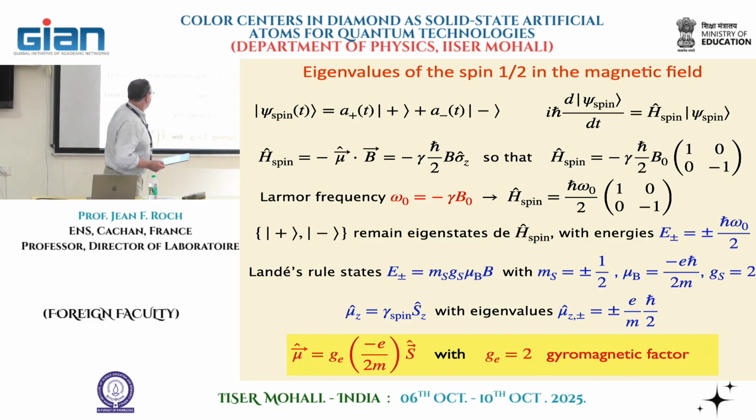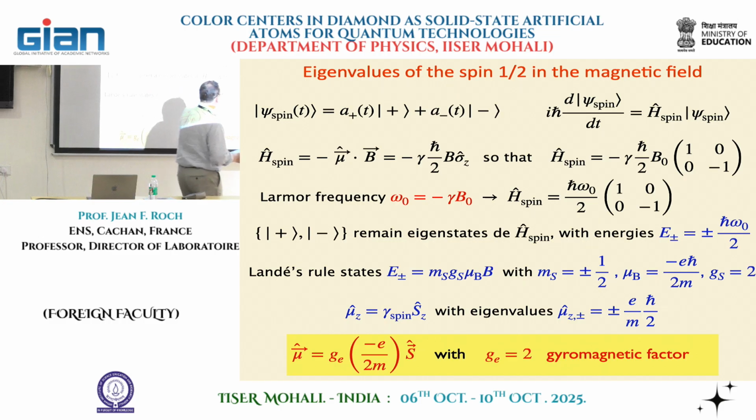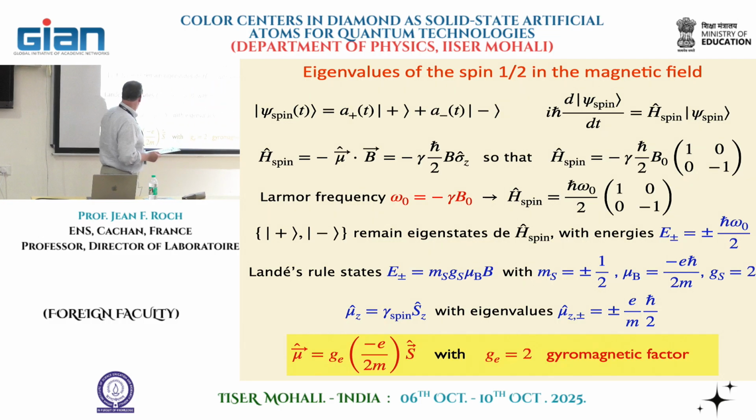Okay? Now what I see is that the states plus and minus that describe the spin 1/2 along the z direction will remain eigenstates of this Hamiltonian, describing the coupling of the spin 1/2 with the magnetic field, but now with different energies. Initially, those two states are degenerate, and when I apply the magnetic field, those two states have energy plus minus h bar omega 0 divided by 2.